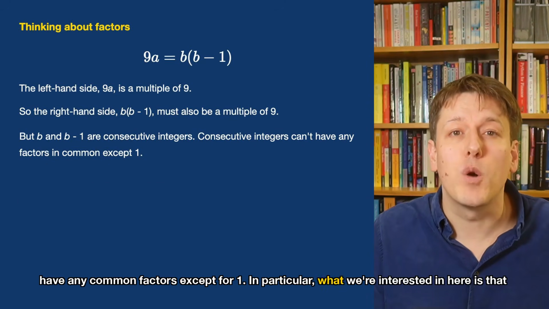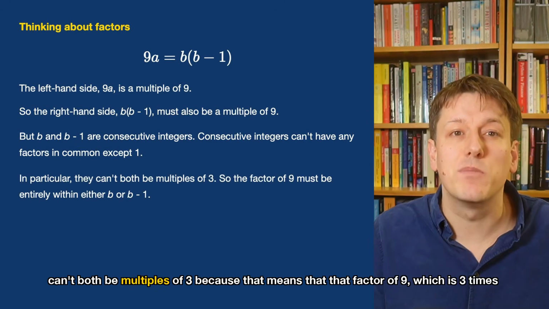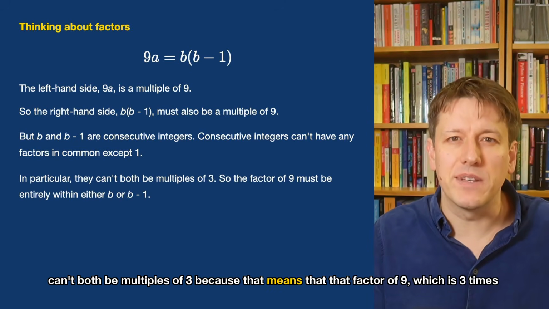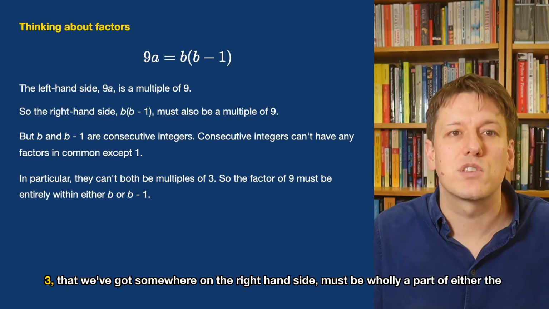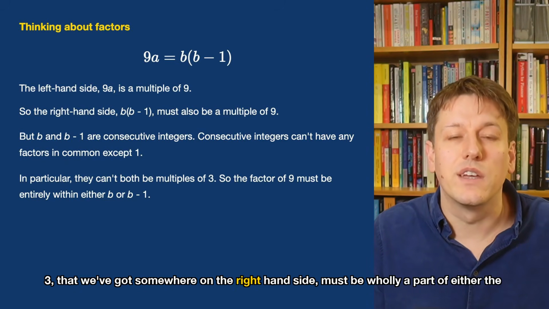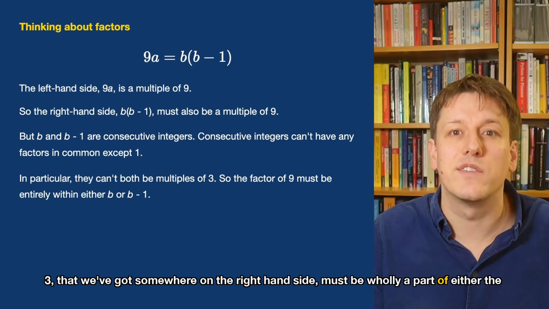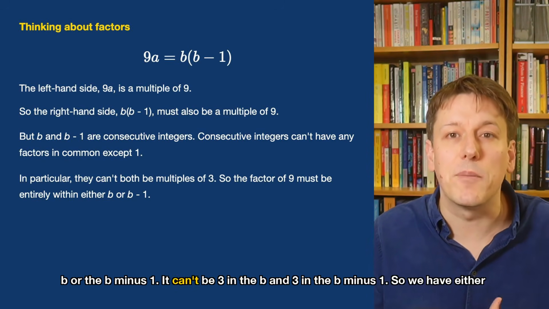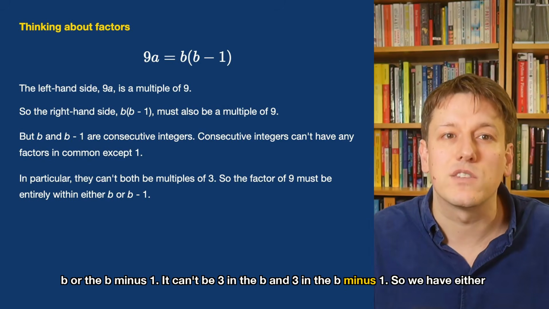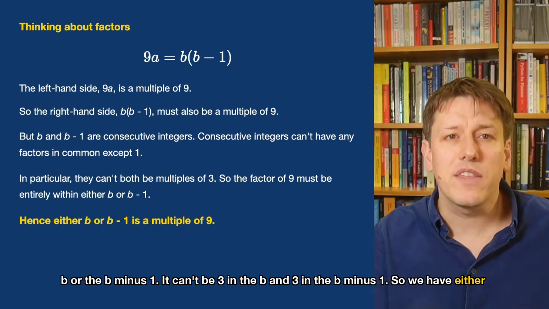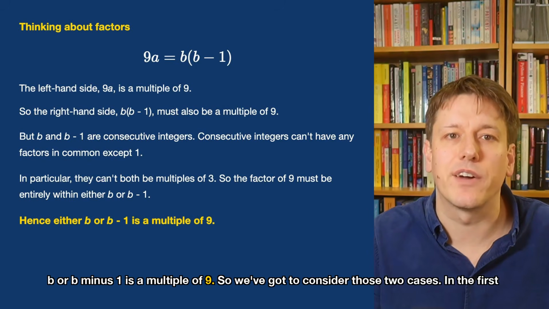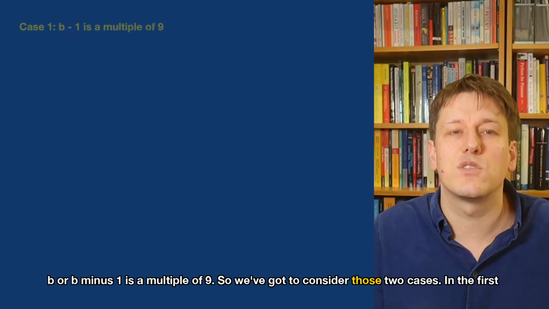In particular, they can't both be multiples of 3, which means that the factor of 9, which is 3 times 3, that we've got somewhere on the right-hand side must be wholly a part of either the b or the b minus 1. It can't be 3 in the b and 3 in the b minus 1. So we have that either b or b minus 1 is a multiple of 9. So we've got to consider those two cases.